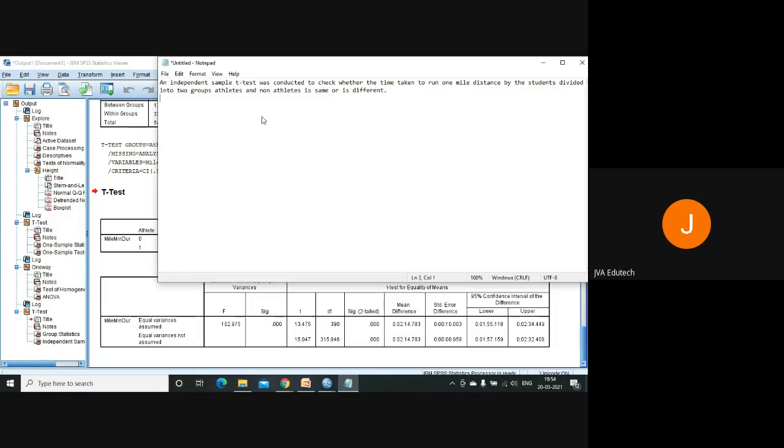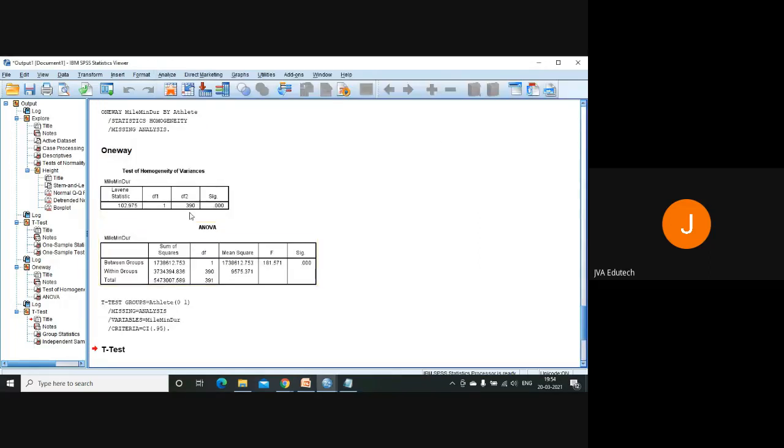Then put your table, this table, and you can write, put both the tables. First, you will put this one.